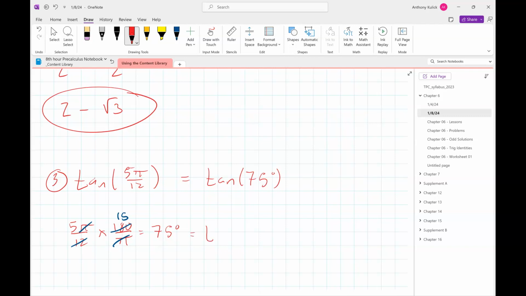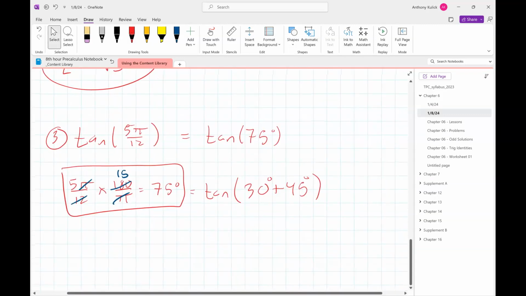Again, I'm going to try to write this as a sum or difference of 2 unit circle angles. I mean, it seems pretty obvious that the sum would be what I want to use in 30 and 45. Most of us would probably see that right away without thinking too hard about it.